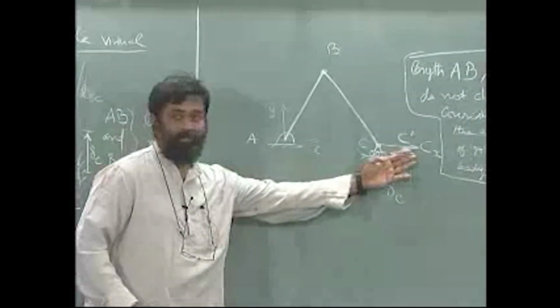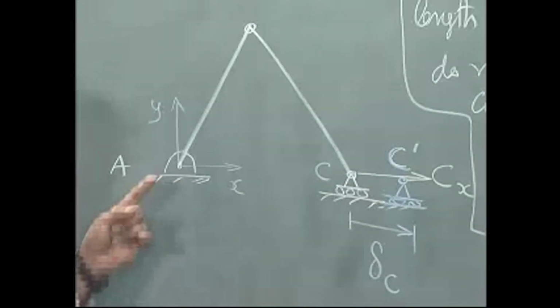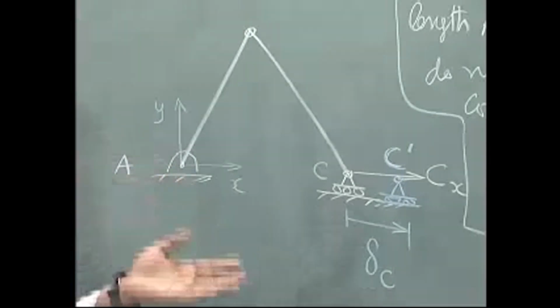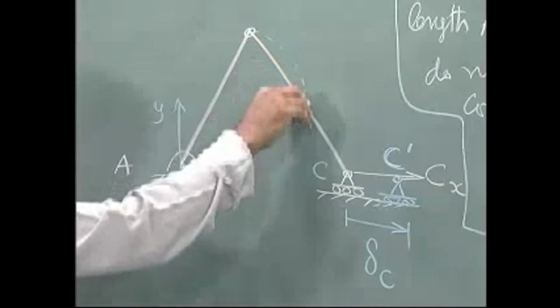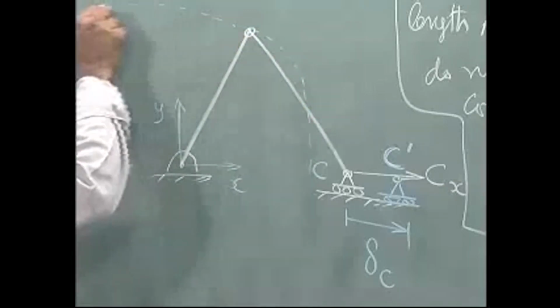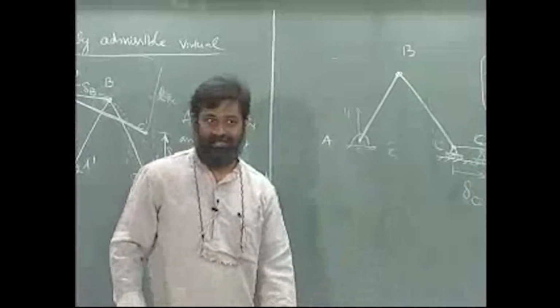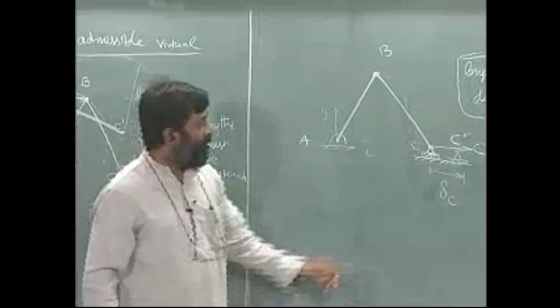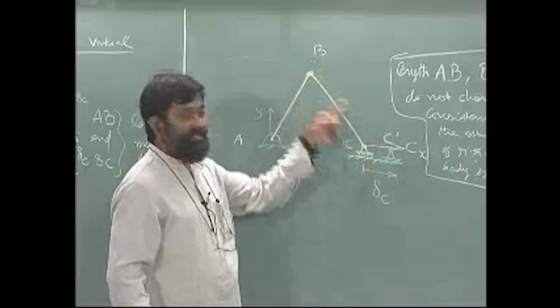I can either start from here or I can start from the fixed frame of reference. I know AB again can only rotate, so that remains the same. I will just draw the possible path of point B, alright. What is the possible path of BC?